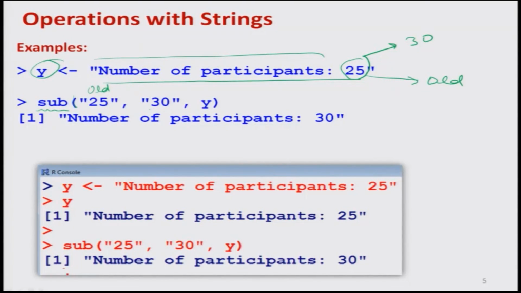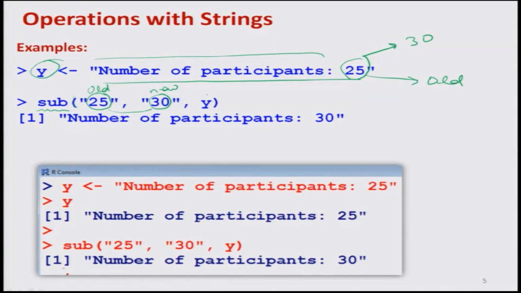And this is separated by the new string. What do you mean by new string? The older existing character in the string y is 25 and I want to replace it by 30. In that sense 30 is the new set of characters and 25 is the old set of characters.